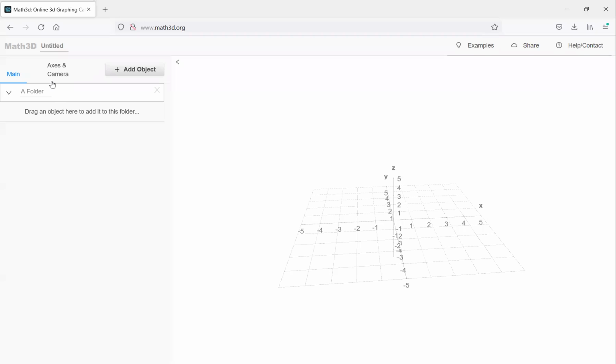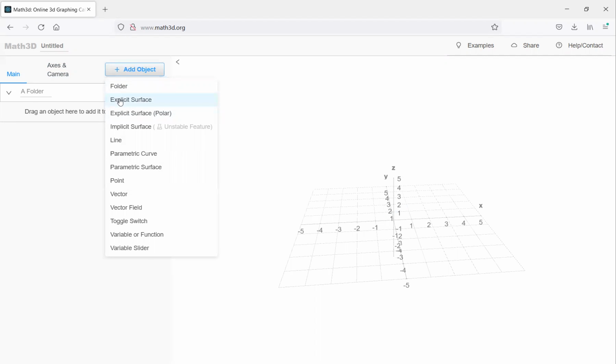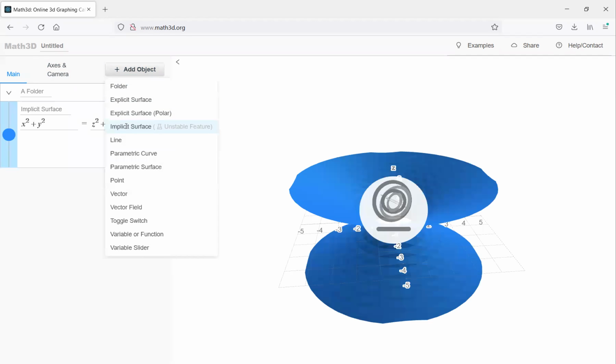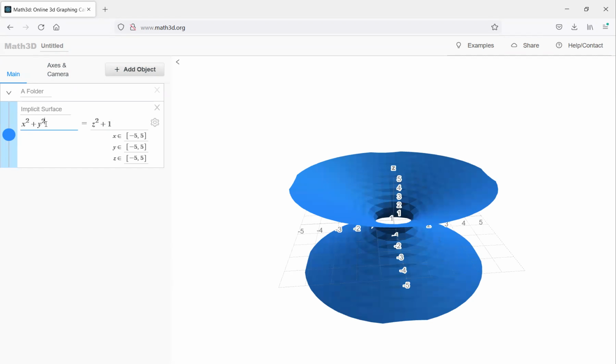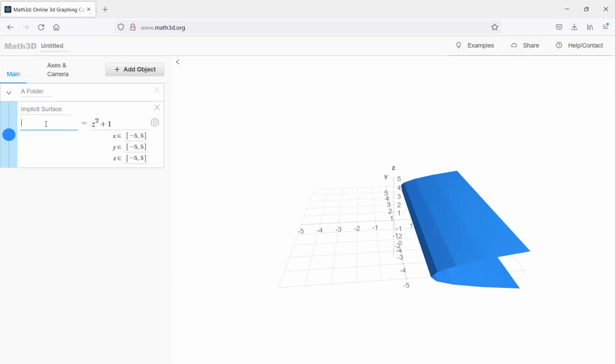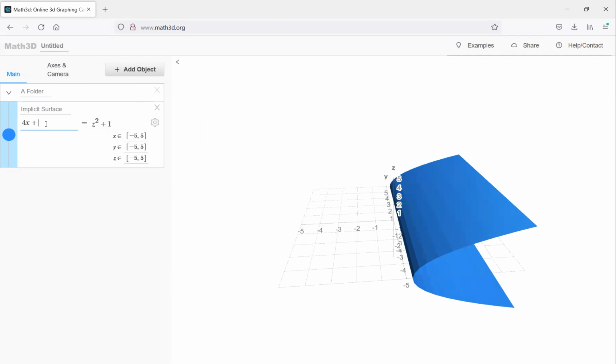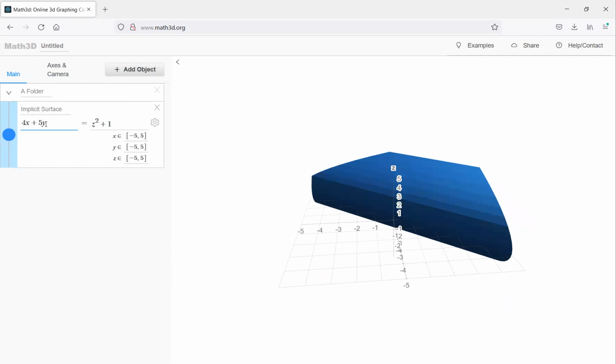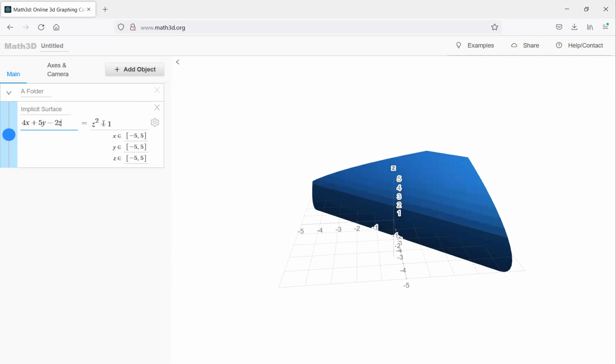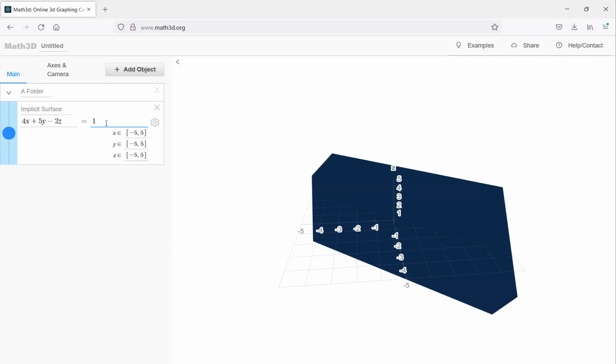So let us take a look at our plane and the line. Let's write it down. The plane first, so the explicit surface that we have: 4x plus 5y minus 2z, which is equal to 14.